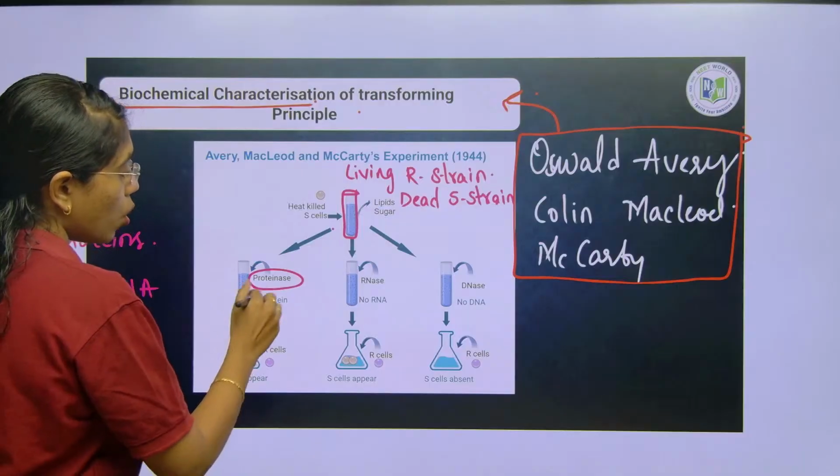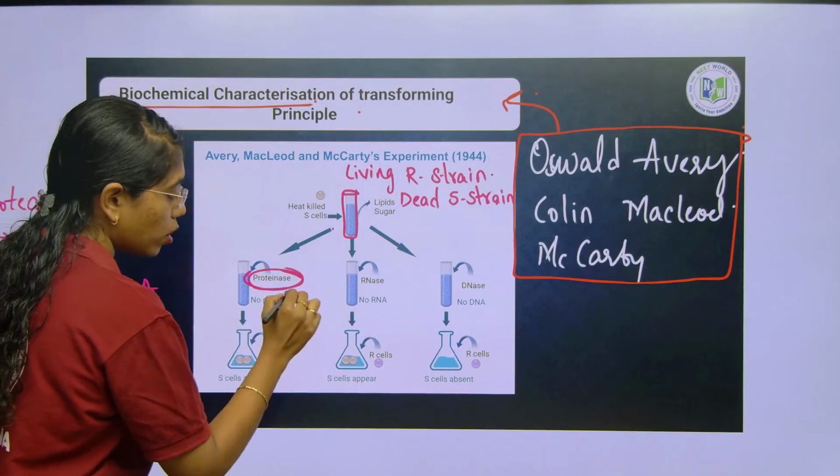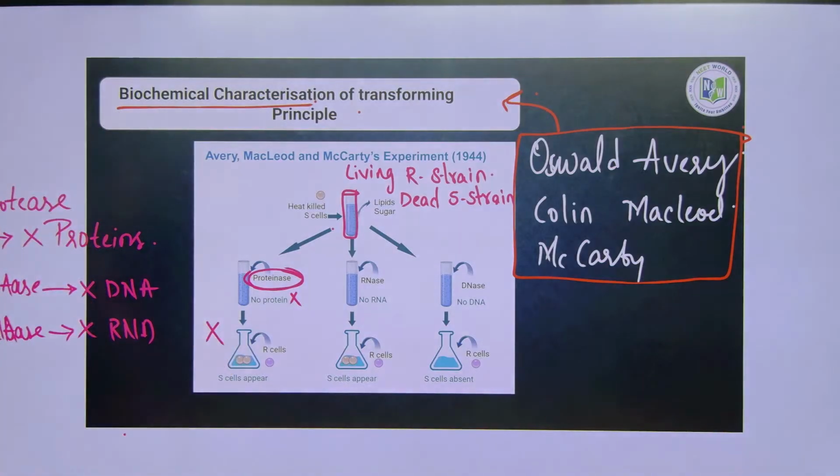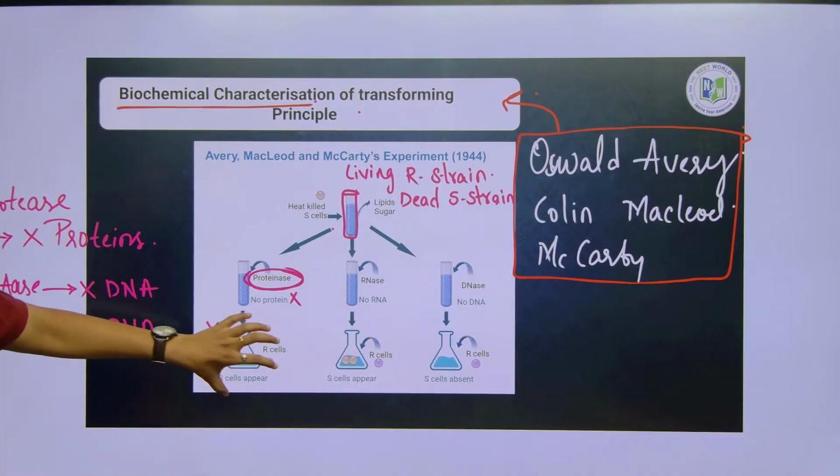So, to this culture medium with living R strain and dead S strain, when protease is added, of course it will destroy proteins, but there is no effect on the transforming principle. It is causing the same effect. There is no change that you can see.